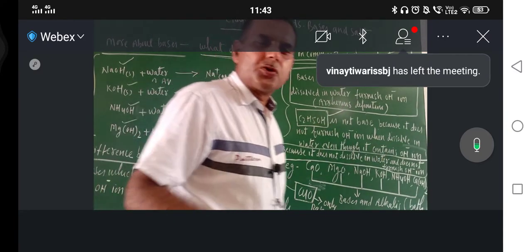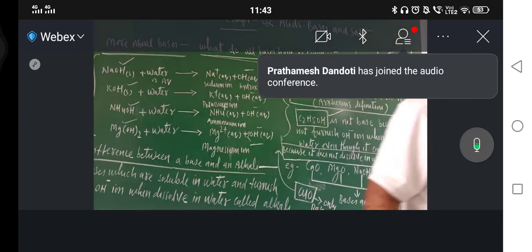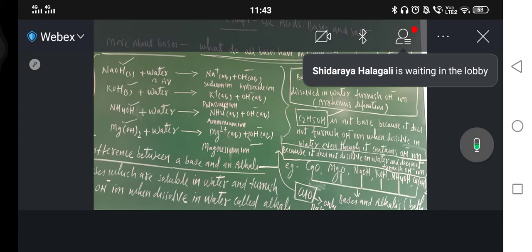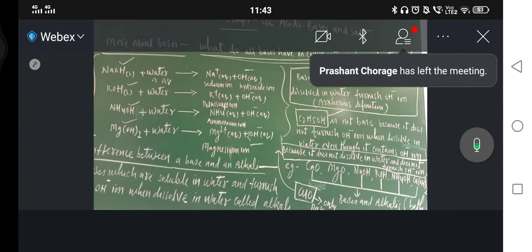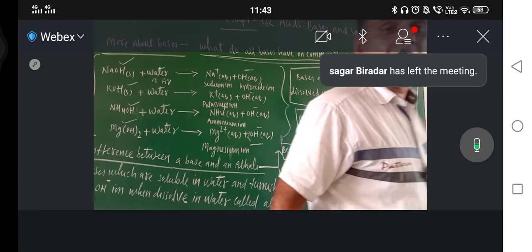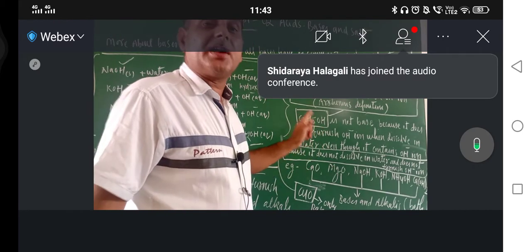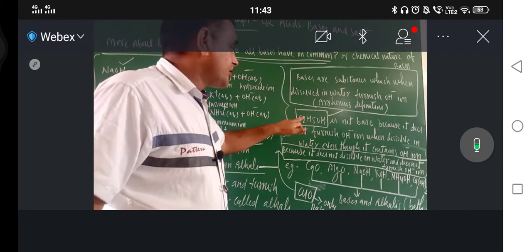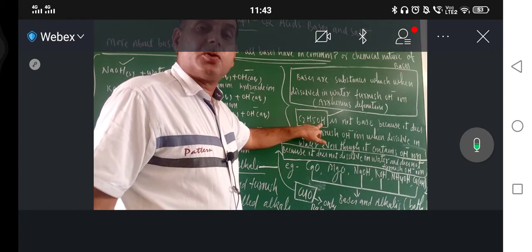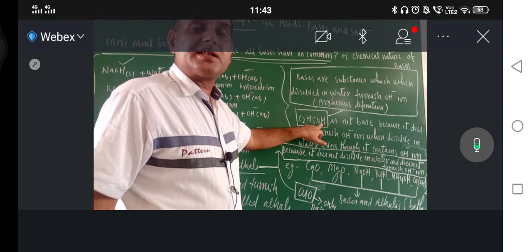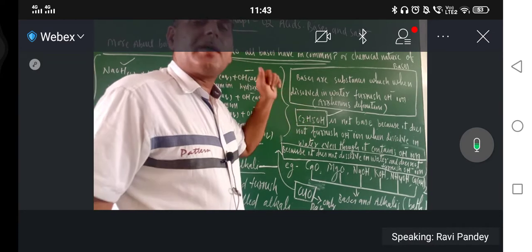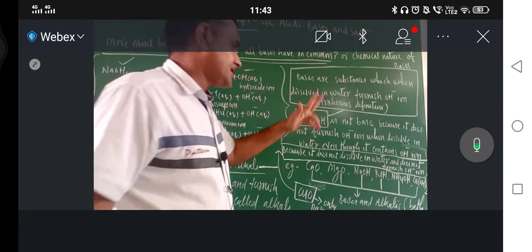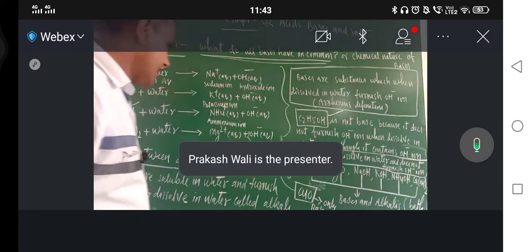To be an acid, the condition was that they should furnish H positive ion when dissolved in water. In the same way, to be a base, they must furnish OH negative ion when they dissolve in water. C2H5OH contains OH, but does not furnish OH negative ion when it dissolves in water. It means C2H5OH is not a base. Have you written this?